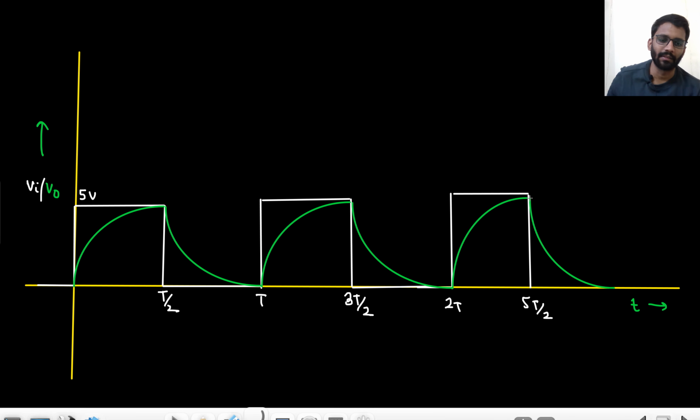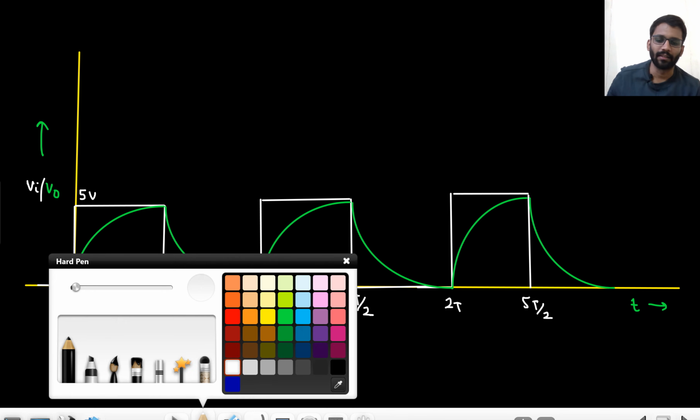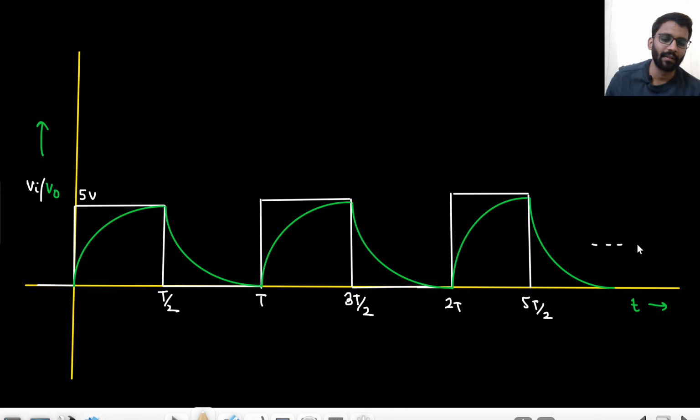And this cycle goes on. And what is the time constant? Time constant here is RC. Tau is RC, right? So this is the final output waveform.